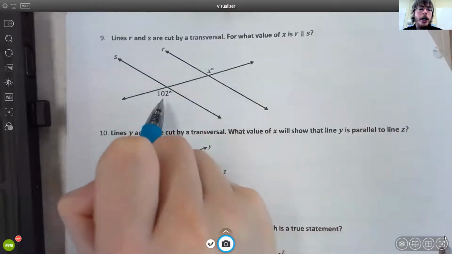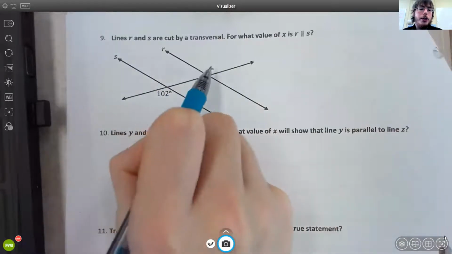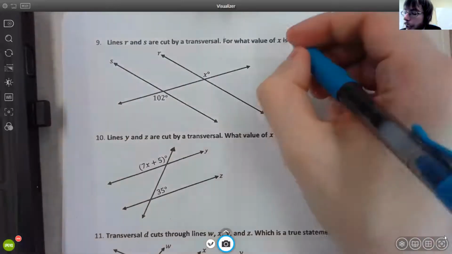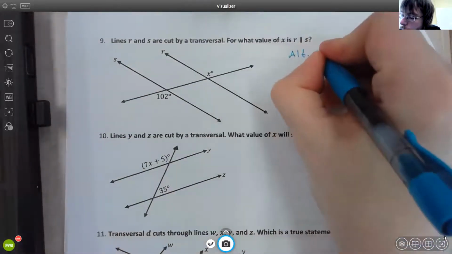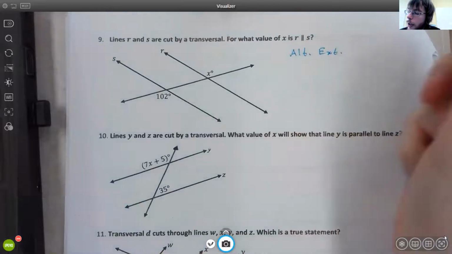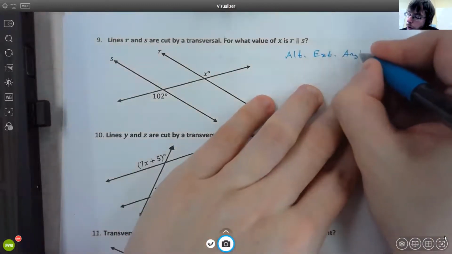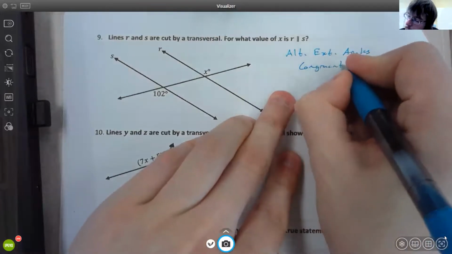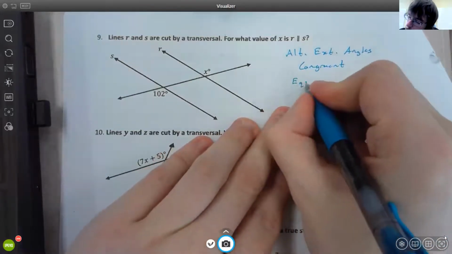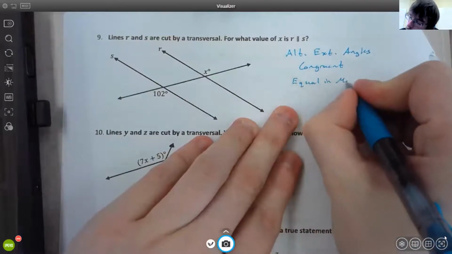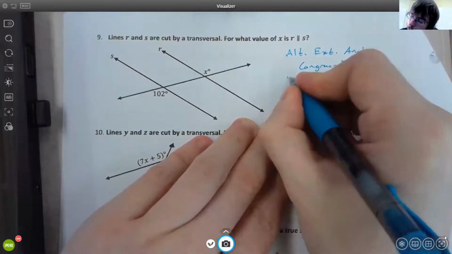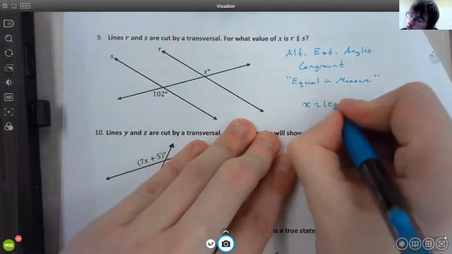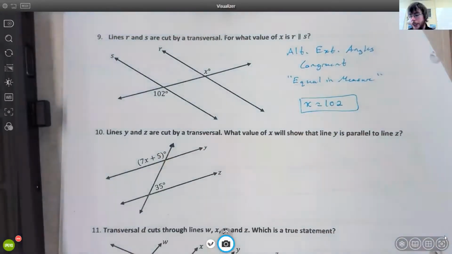Well, X and 102 degrees here, those are alternate exterior angles. And if you remember, alternate exterior angles are congruent, which means they are equal in measure. So X has to equal 102 for them to be parallel.